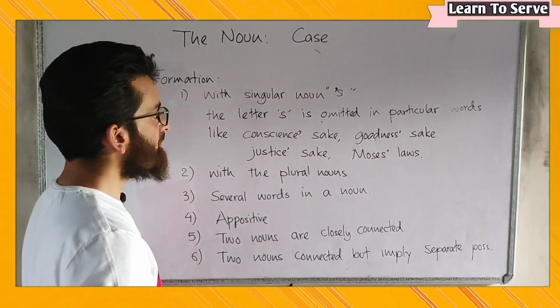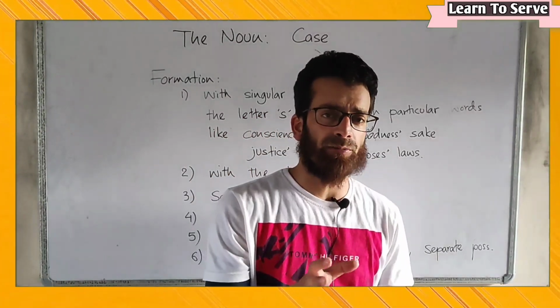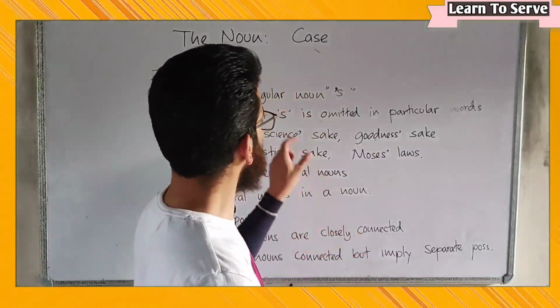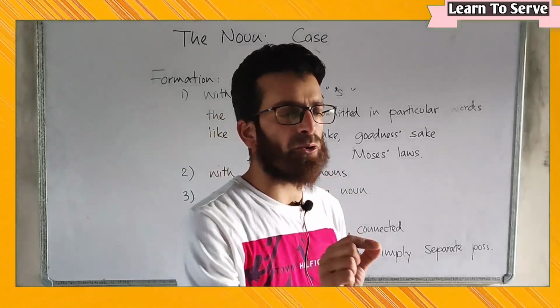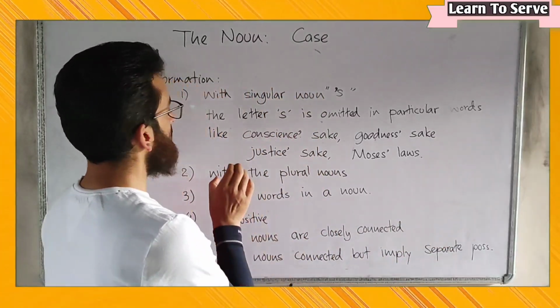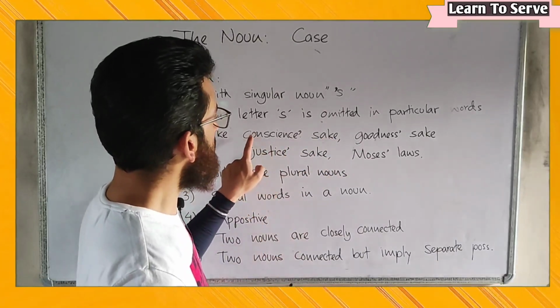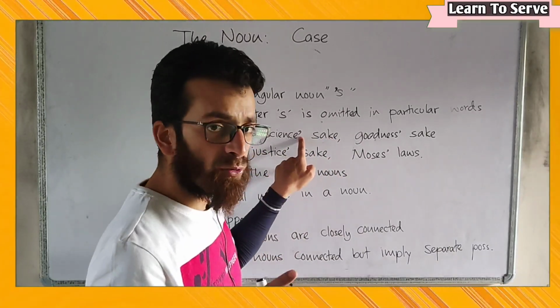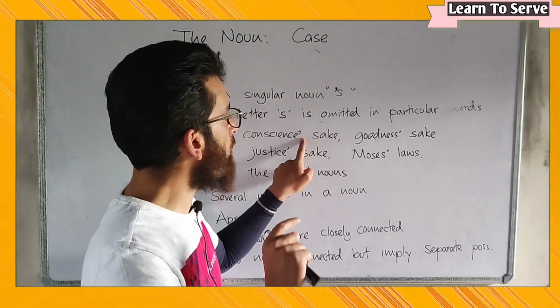But there are certain words, particular words, where we drop the letter s. We just write apostrophe. For example, we say conscience' sake. We cannot say conscience's, just apostrophe. You have to omit s.